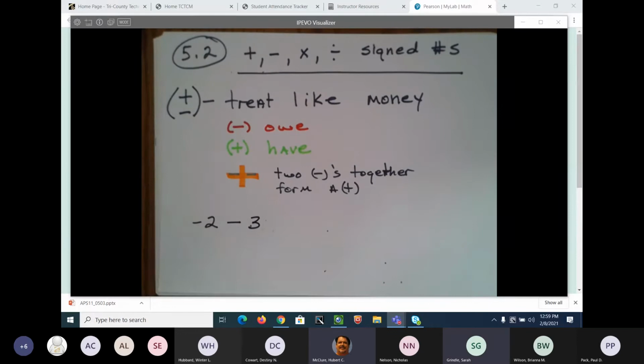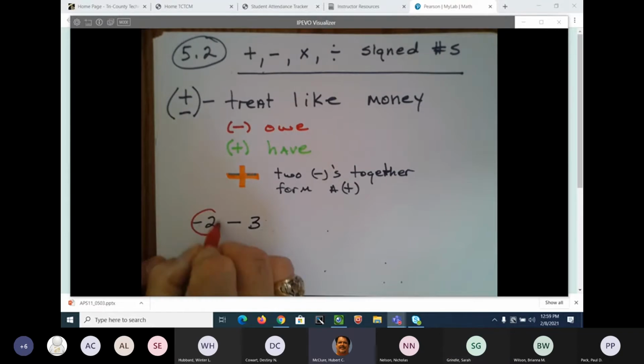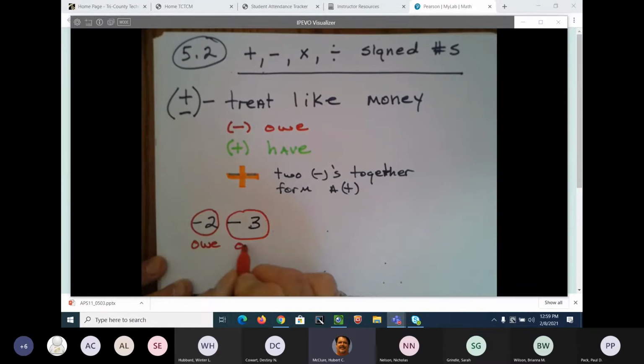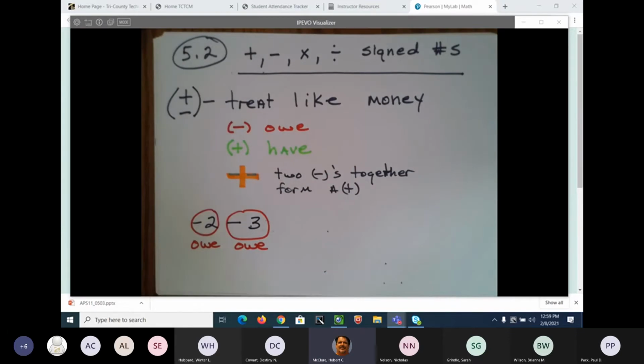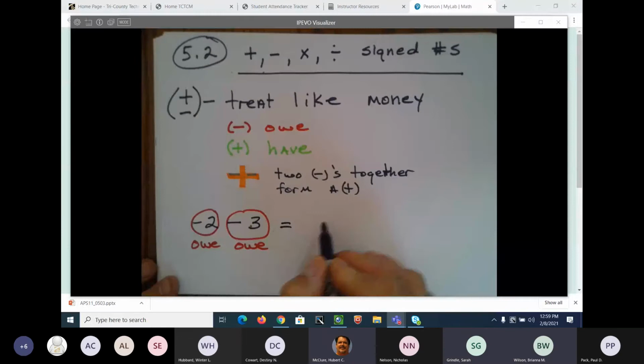You ready? You owe $2. You owe $3. If you owe somebody $2 and you owe another person $3, what's the outcome? You lose $5. You owe $5.